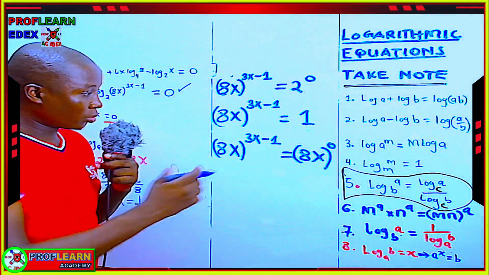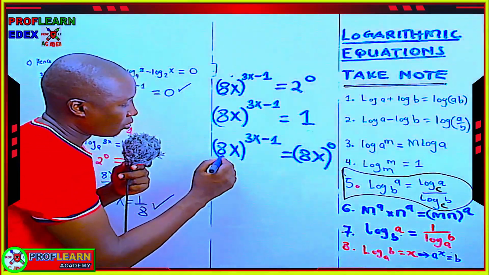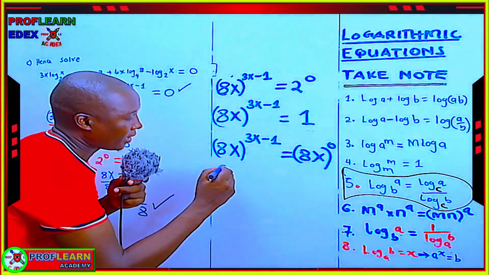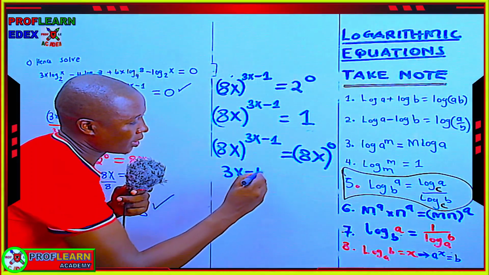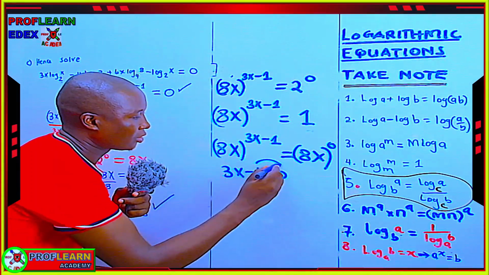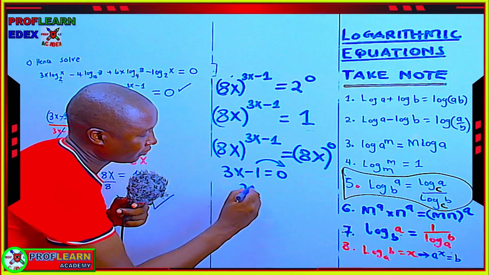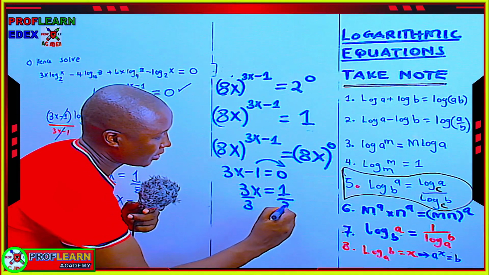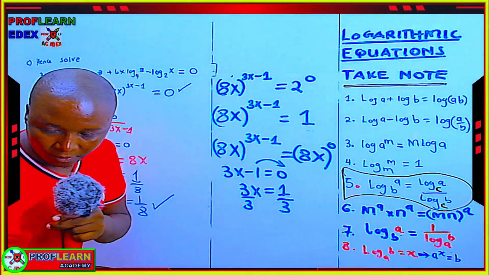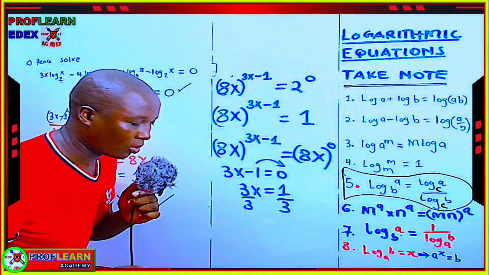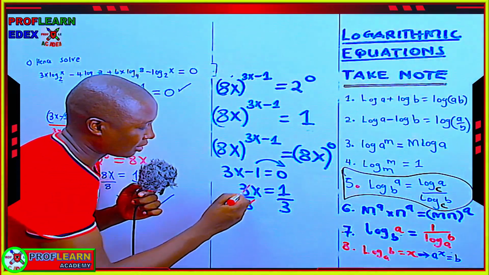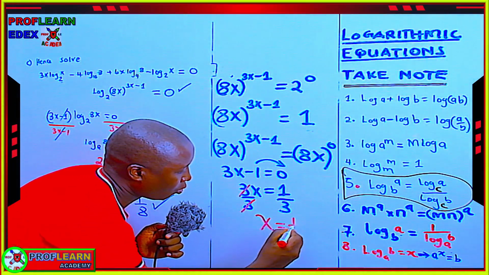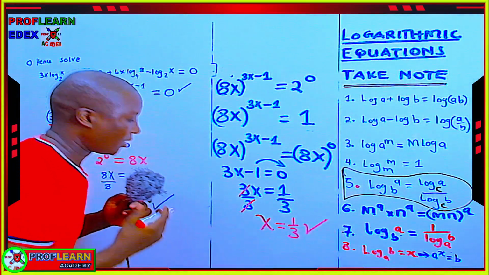So in order to work out what x is, since the bases are equal, we can equate the powers, and that would be 3x minus 1 is equal to 0. This goes to the other side, and we shall have 3x is equal to 1, then divide by 3. The 3 and 3 cancel out and we have x is equal to 1 over 3 as the second answer.